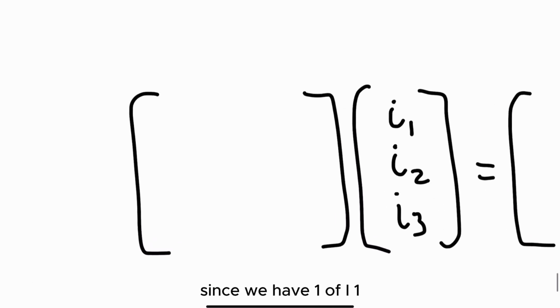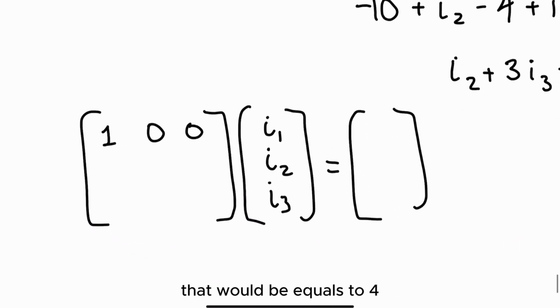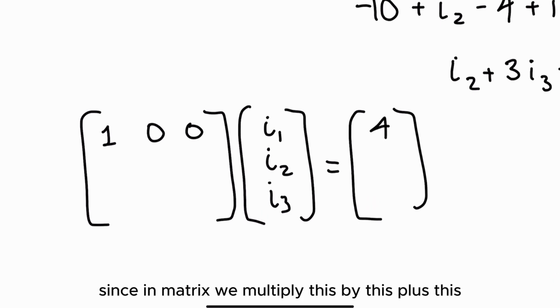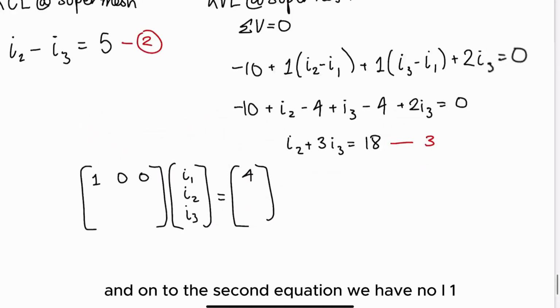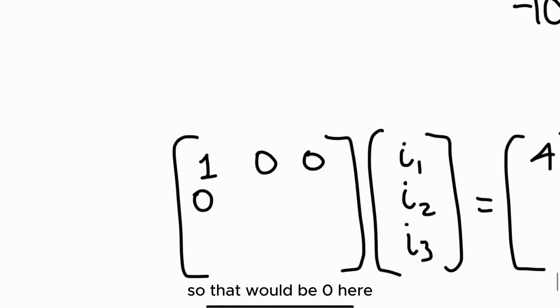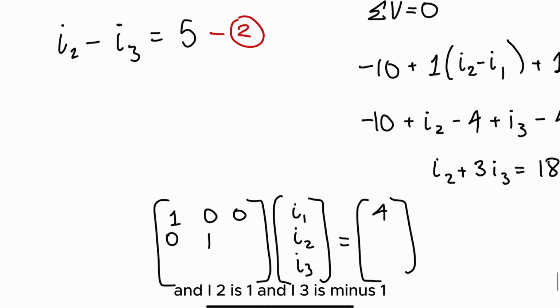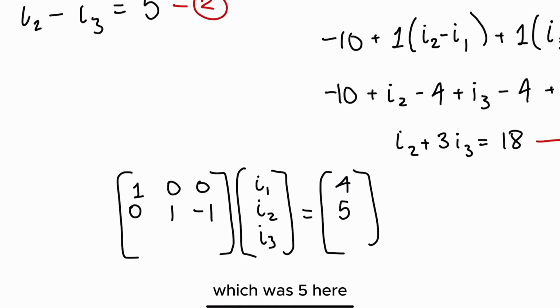Since we have 1 of I1, we do 1 and none of I2 and I3, equals 4. In matrix form we multiply row by column and sum, which will equal 4. On to the second equation, we have no I1, so that would be 0 here, and I2 is 1, and I3 is minus 1, which equals 5.